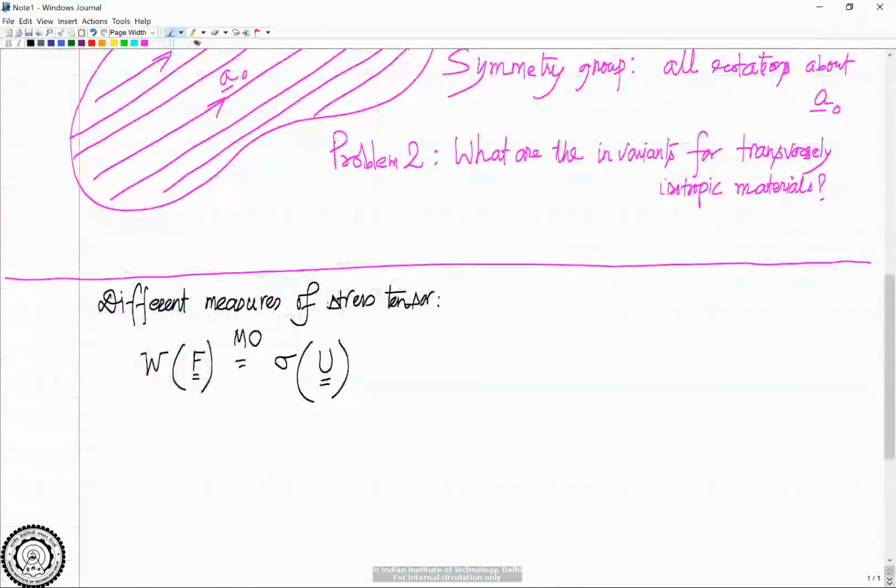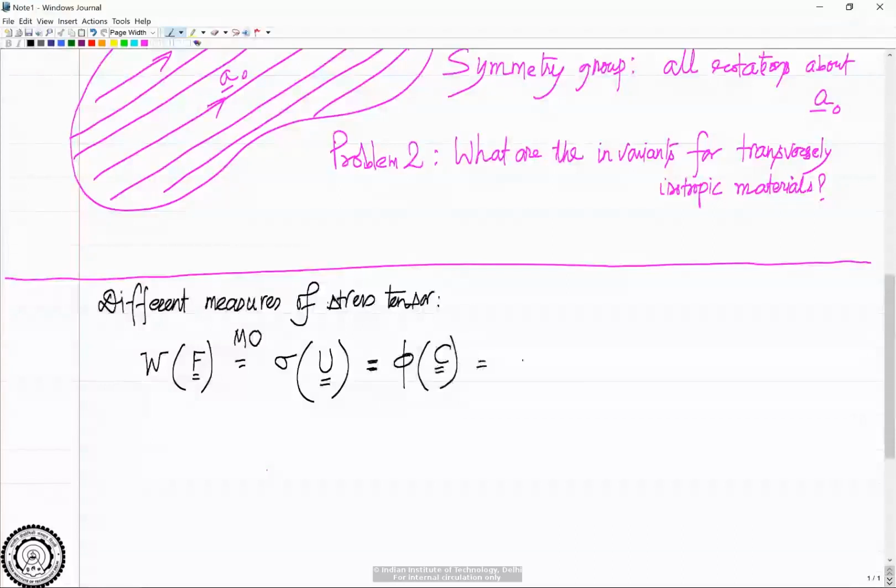And then symmetry, if it's isotropy. But we could also say that this is the same as phi as a function of C, isn't it? So I'm not using symmetry yet. It's material objectivity, which always holds.